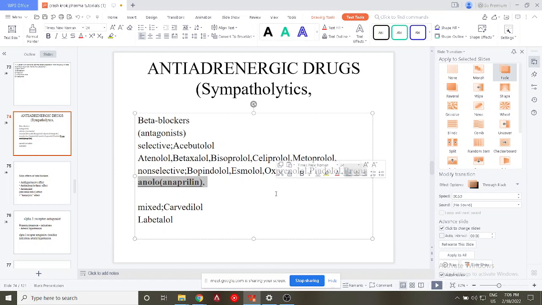If you give propranolol to an asthmatic patient, it's going to cause bronchoconstriction. Also, we have the mixed, which works on both beta 1 and beta 2, and also alpha. So it's the carvedilol and the labetalol. So please take note of this, take a picture, try to remember it. Remember the beta blockers are the LOLs. That is the mnemonic I used to remember them.